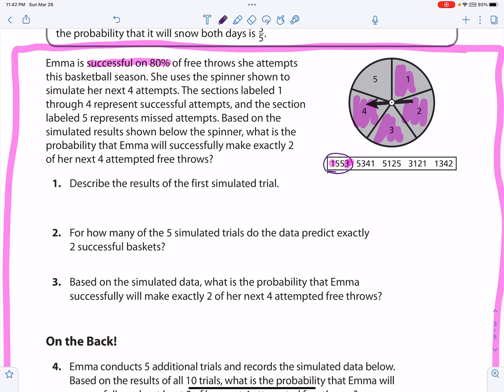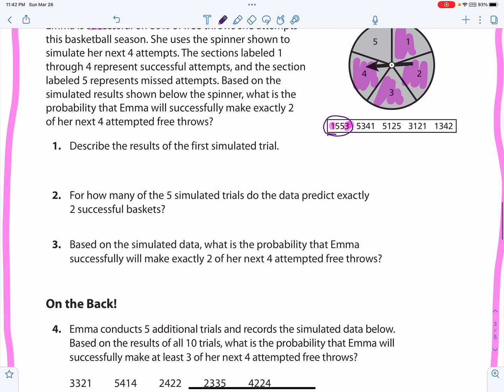Okay. And so if you look, they are breaking this down quite a bit. So number 1, describe the results of the first simulated trial. Okay. So we're talking about that. Okay. And so describing the results of the first simulated trial, there are 2 successful and 2 not. Okay, so they're having you take a look and notice those things.